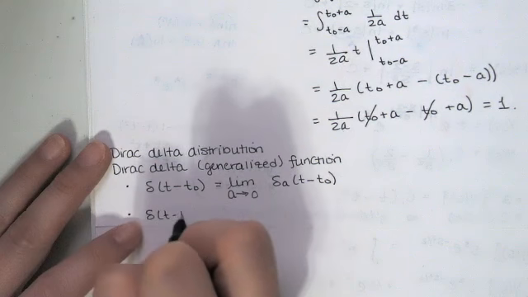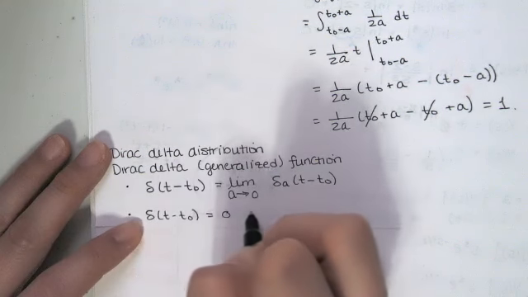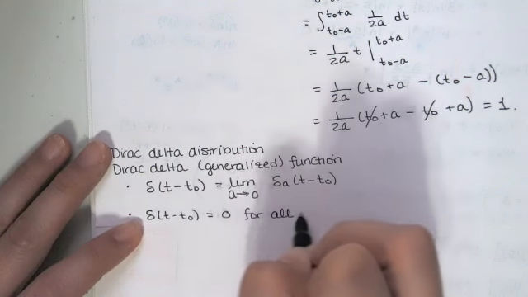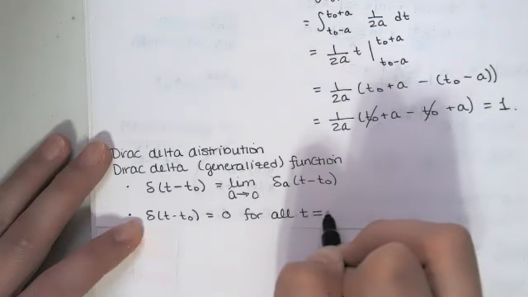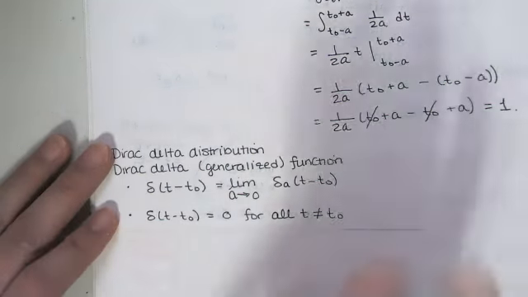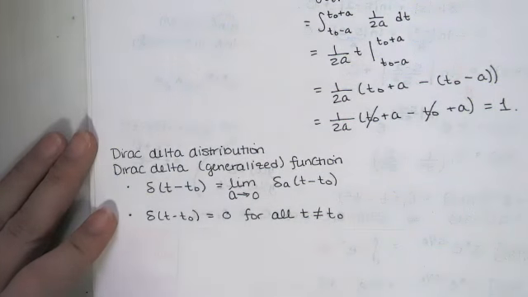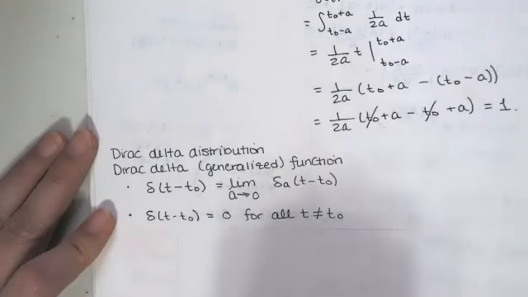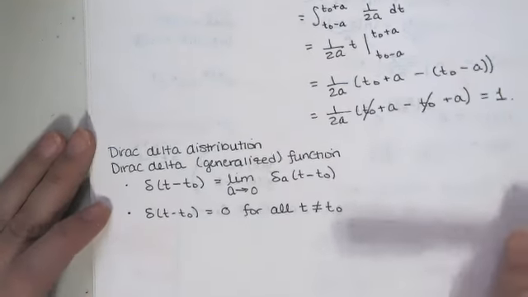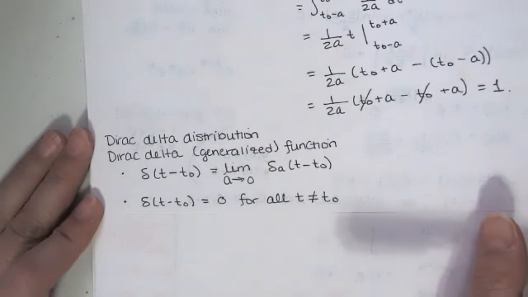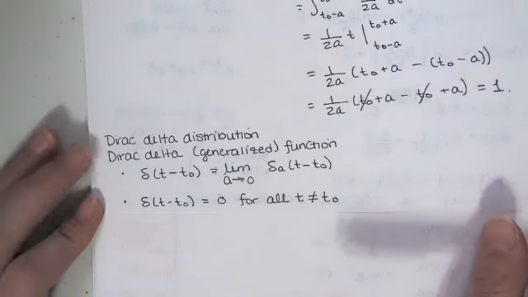And Dirac delta is equal to 0 for all t not equal to t naught. At t equals t naught, we would say it equals infinity, but that doesn't really make any sense. But in some limiting sense, it's almost like we have an infinite amount of force acting at a single point in time, which is of course not possible, but it's an idealization of that situation.